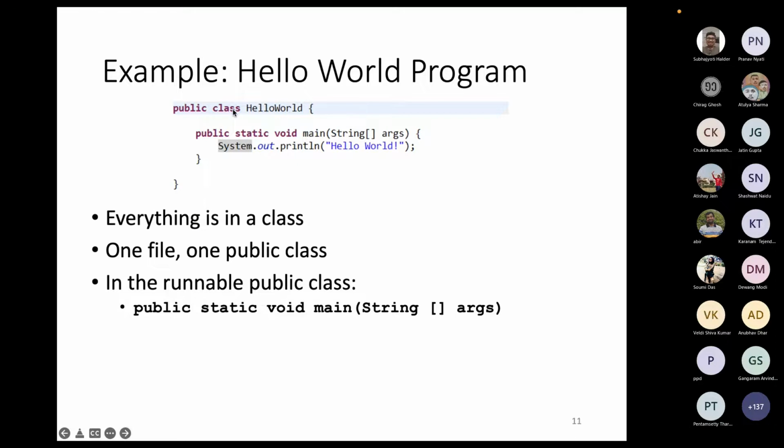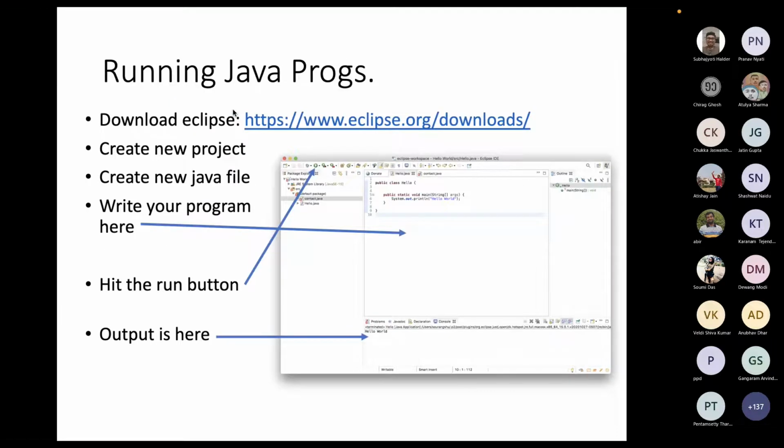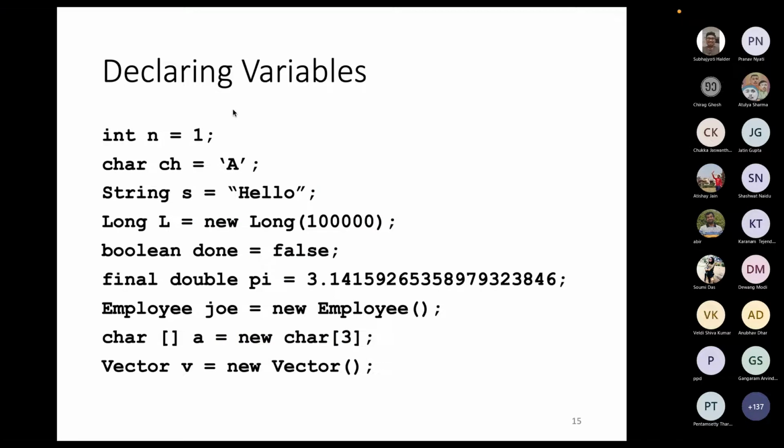For example, somebody has written class long, and then there are some variables inside that. So there is a data type which is defined, which is of type long. This is already done in the library, so you don't have to bother about that.